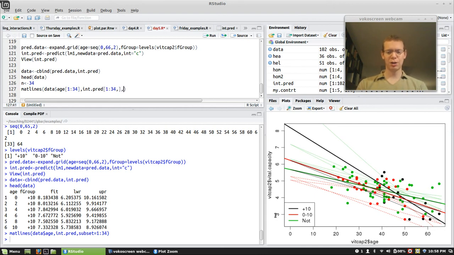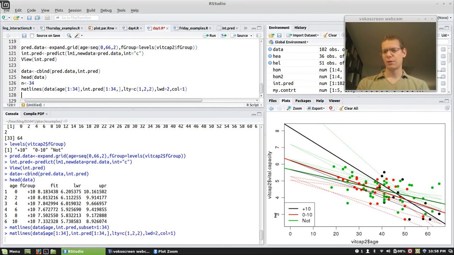The first one should be the line type, and should be as we usually do it, 1, 2, 2, and the line width should be just 2, and the color should be 1. So these were the black lines.